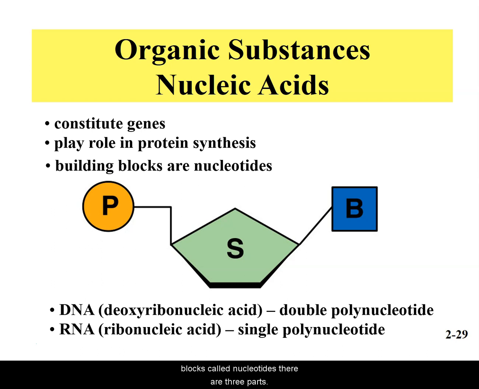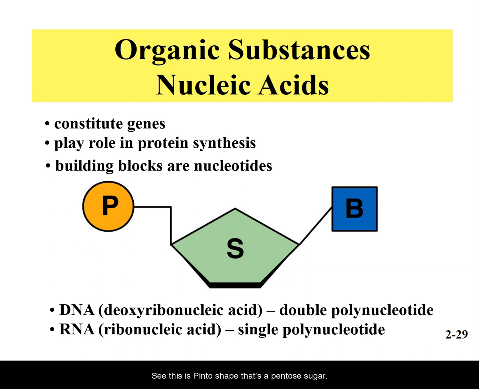There are 3 parts to that DNA. There is adenine, guanine, cytosine, thymine, and then in RNA it's adenine, guanine, cytosine, and uracil. You have a sugar, a base, and a phosphate. See, this is pentose shape.